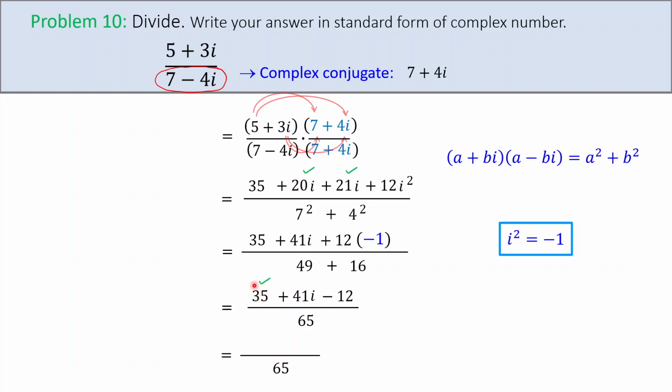Here you can add this and this. 35 minus 12 is 23 plus 41i, equal to, now you take this and divide. Also this plus 41i, 41 divided by 65, put the i here. This is the answer. This is in standard form.